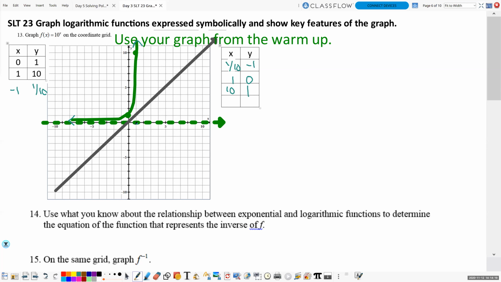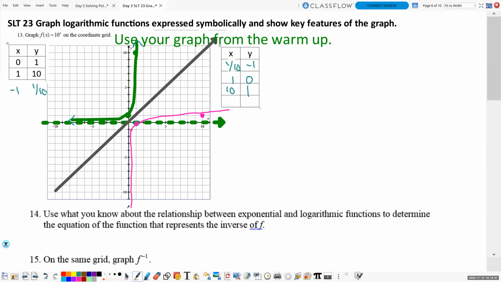We'll make it pink. And again, you really want to be conscious of the fact that it's a reflection over the line y equals x.